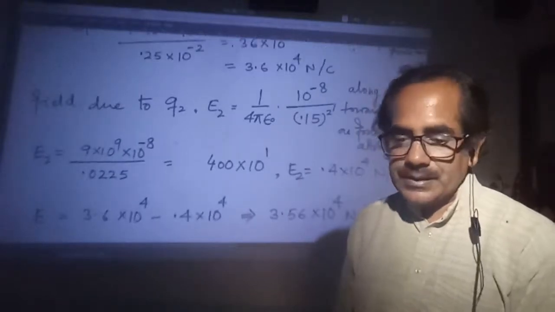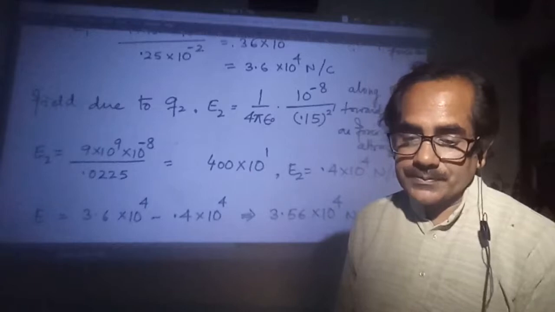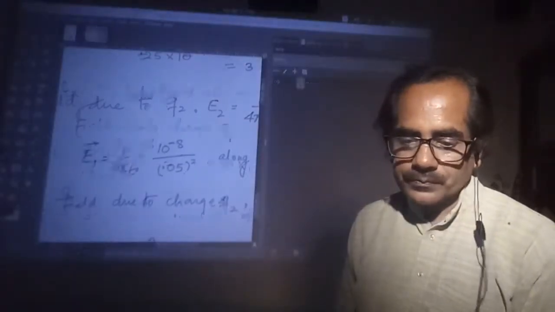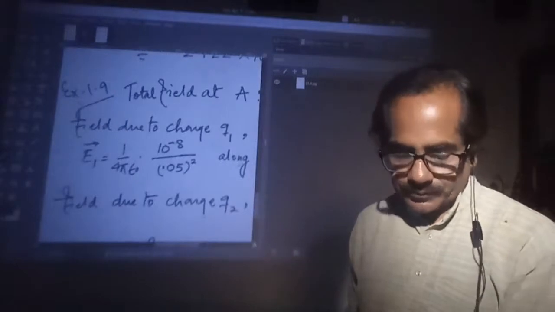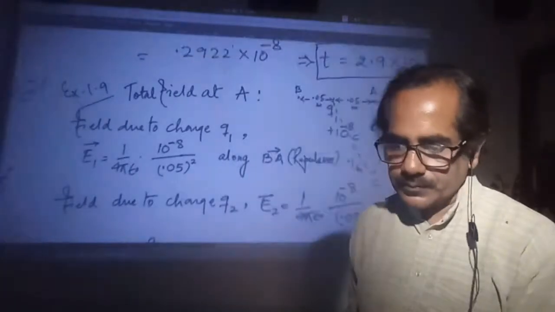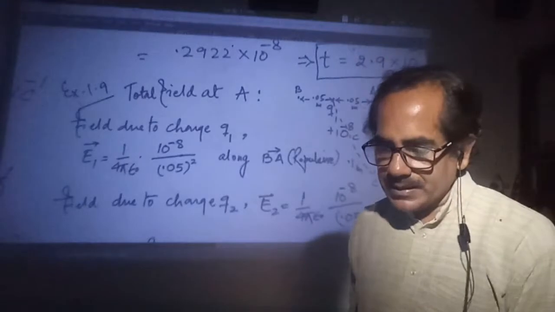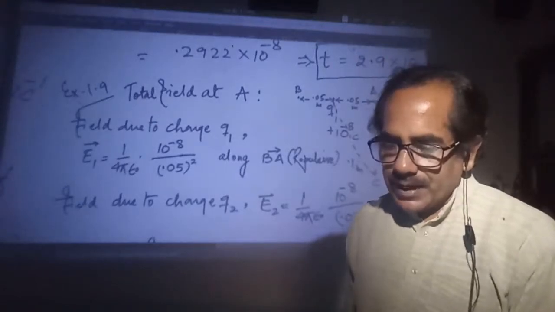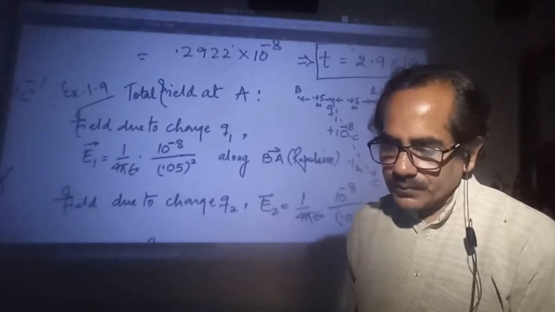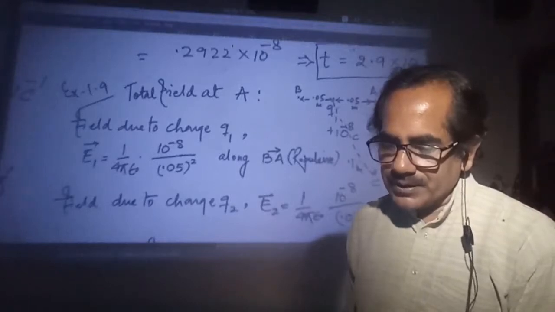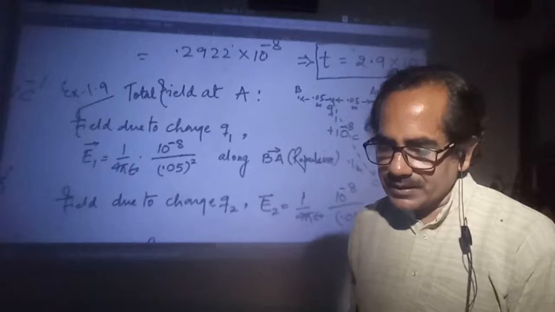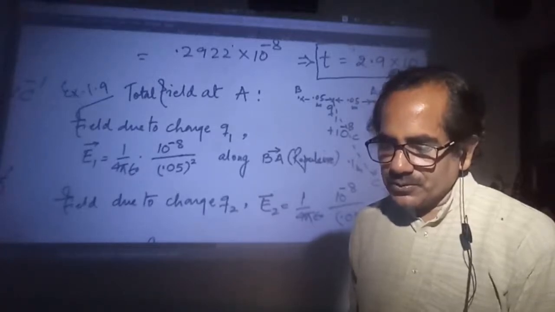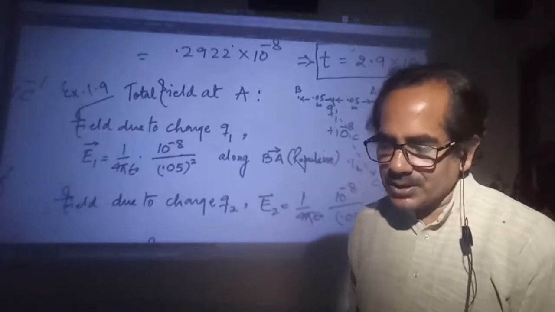And now see at point C. Point C is here. Now at this point, this is positive charge, this is positive charge. So force due to Q1 is in the direction of BC.